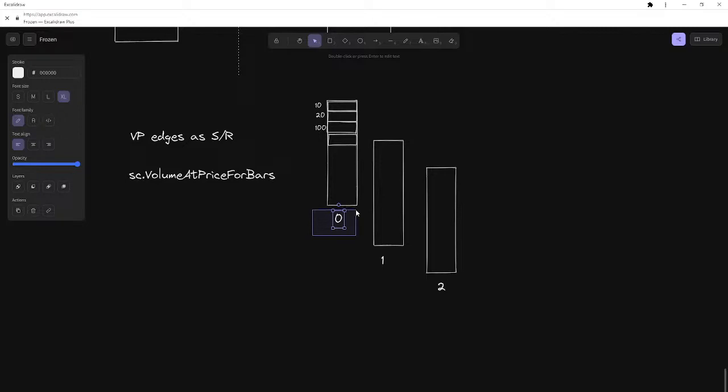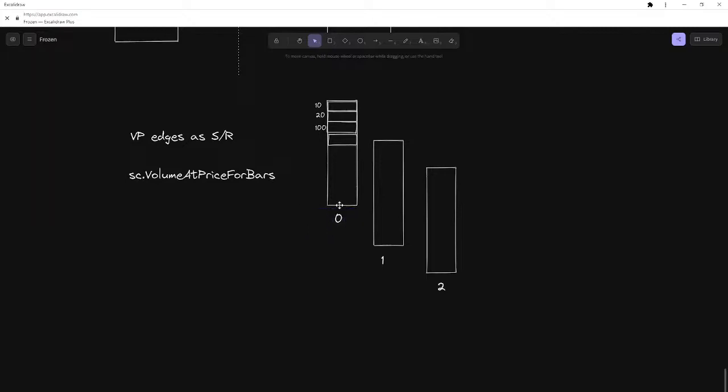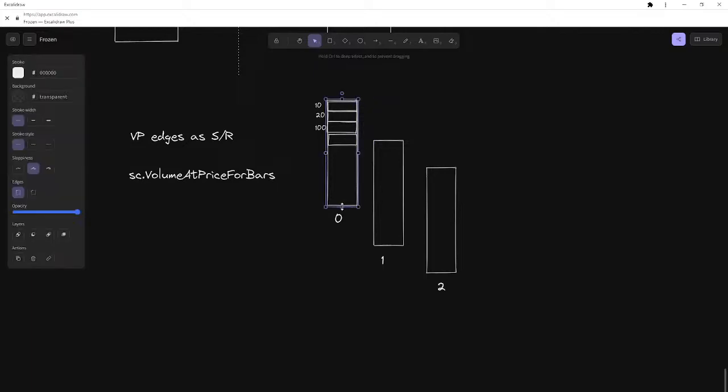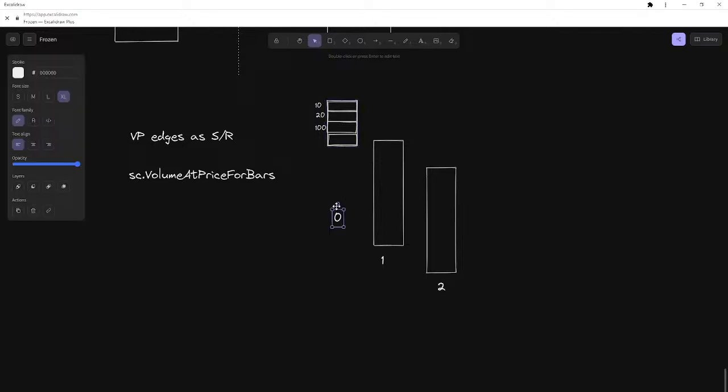Okay, I'm in bar 0. Now what? Inside of bar 0, you have all these different price levels. This is index 1, 2, 3, etc., going, I think, down to up actually. I think it's reverse. I don't think it starts at the top, I think it starts at the bottom. Let's pretend this is a short one just so I don't have to draw all those levels.